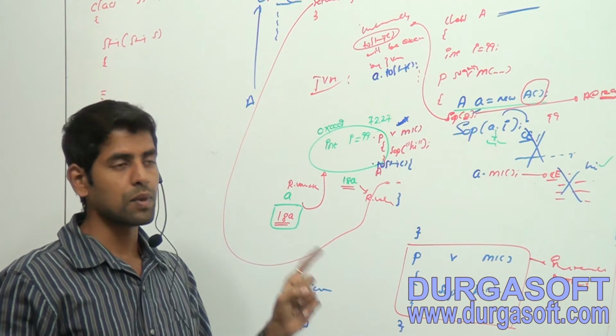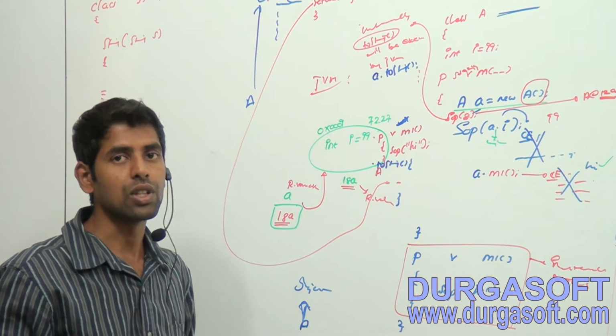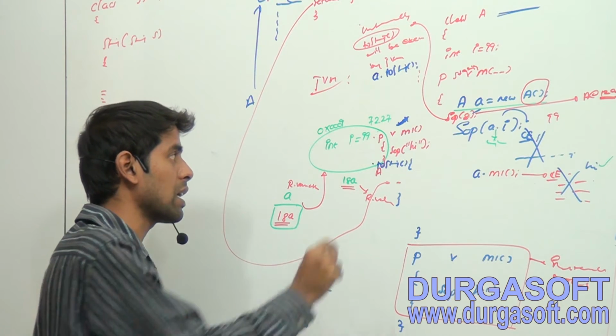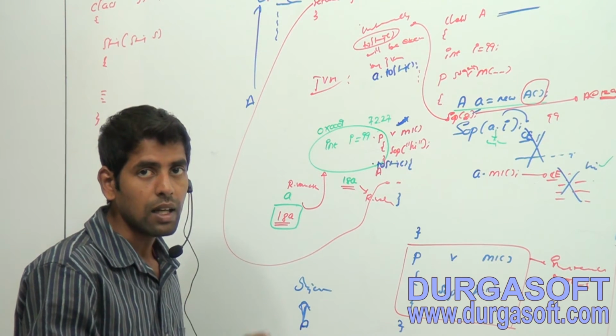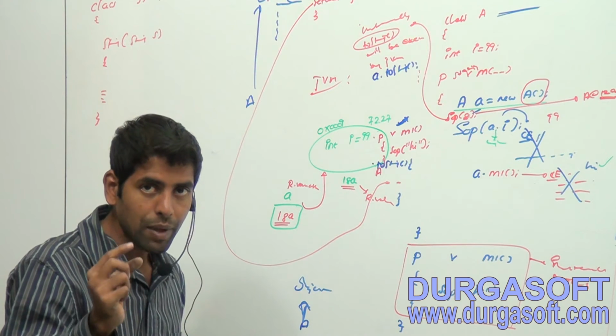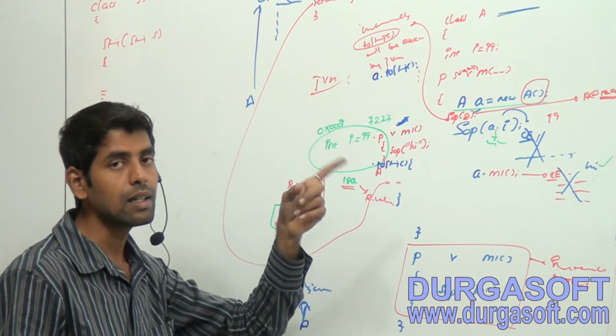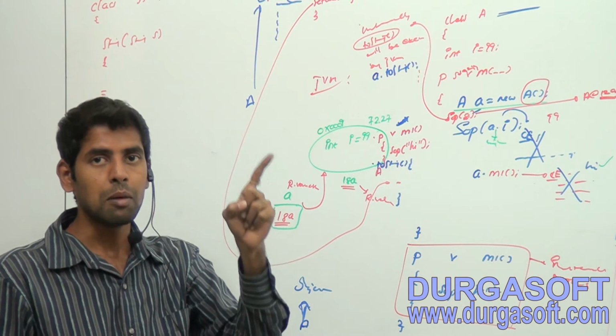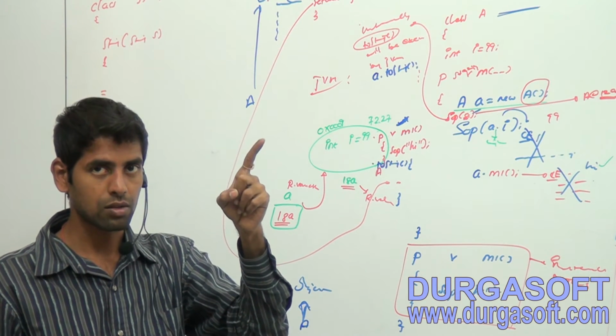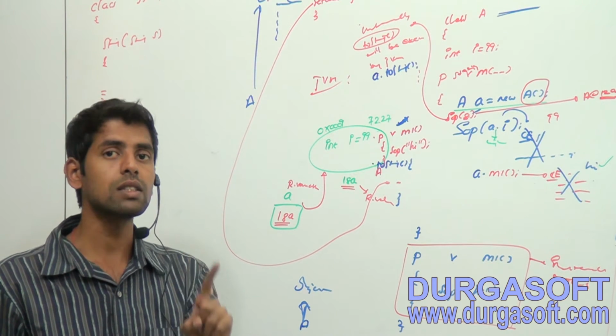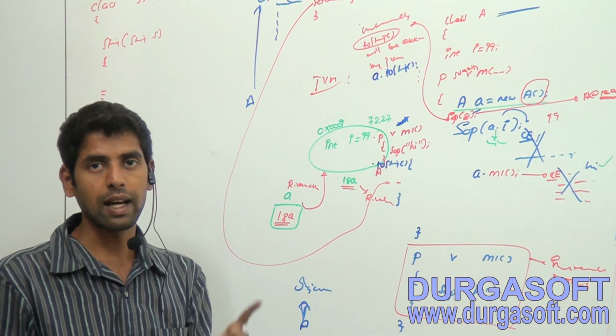Other than this instance method, the JVM will write even the inherited methods from the parent class. Those inherited methods of the parent class must be instance methods, not static methods.